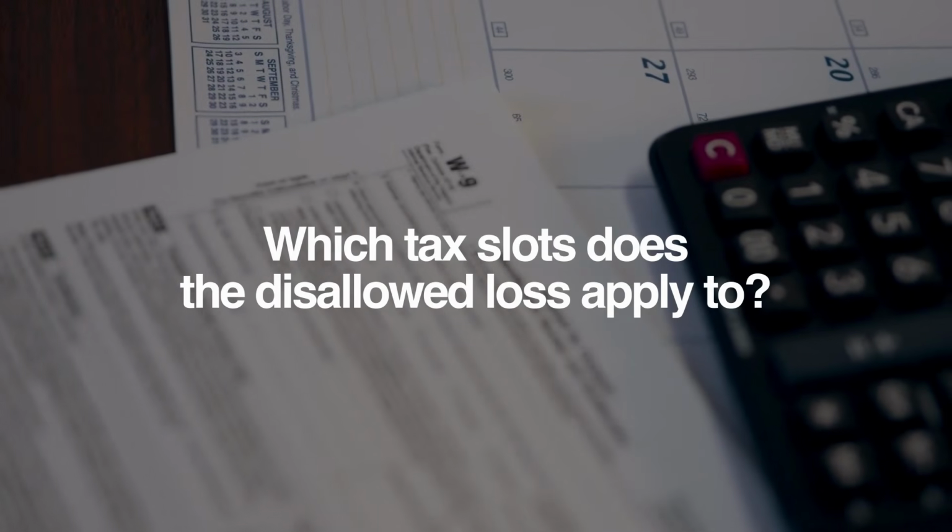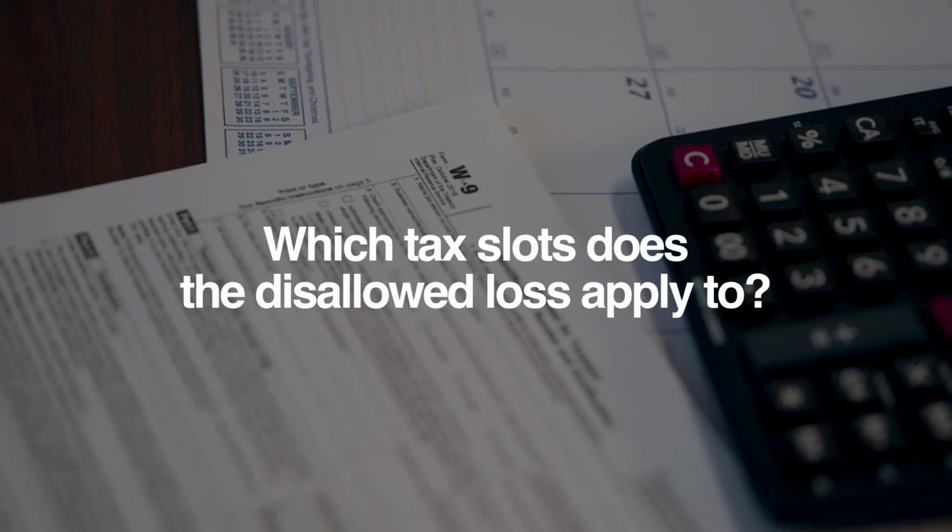Now let's say that you have many tax lots, which means you've made many purchases over different periods of time, and then you make a wash sale transaction. Which tax lots does the disallowed loss apply to? I'm going to set up a contrast here to show you what I'm talking about, because it can get a little confusing if you don't see exactly what I'm talking about. The IRS uses a FIFO-based matching rule for wash sales involving multiple tax lots.